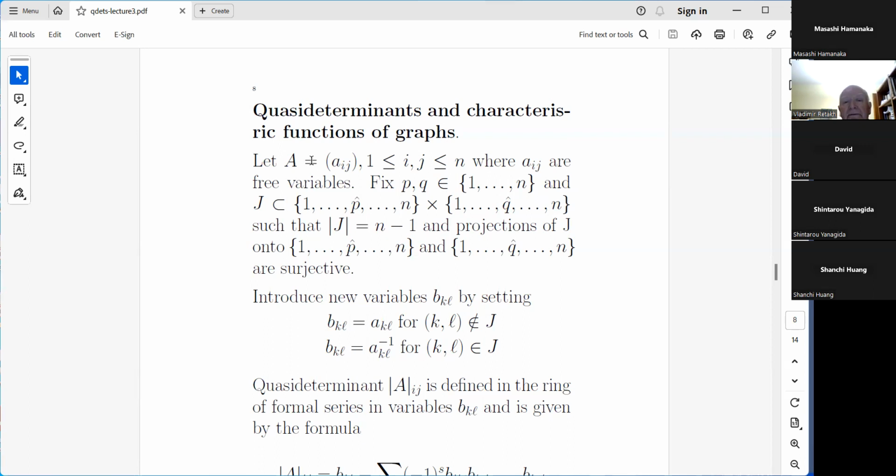For example, if I and j are equal to 1, then I can take A22, A33, and so on, Ann, going just along the diagonal.